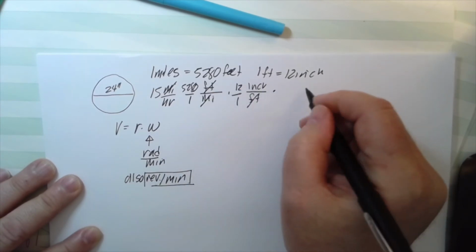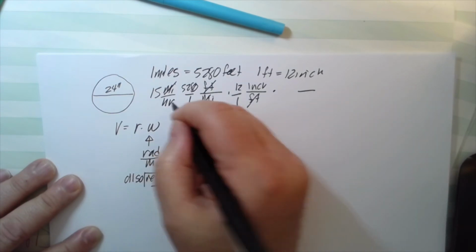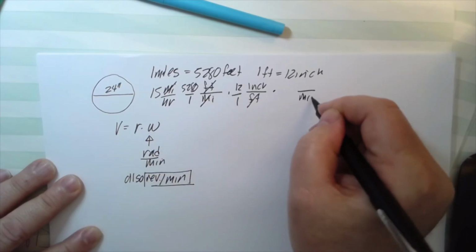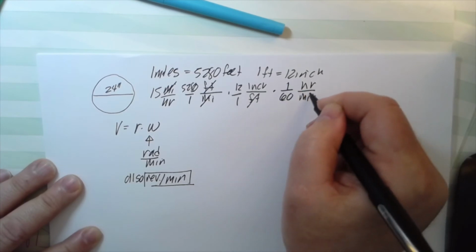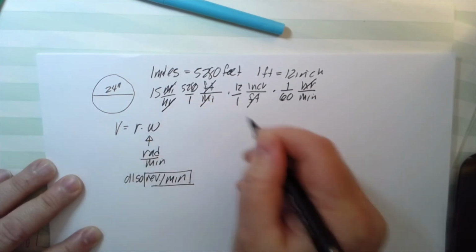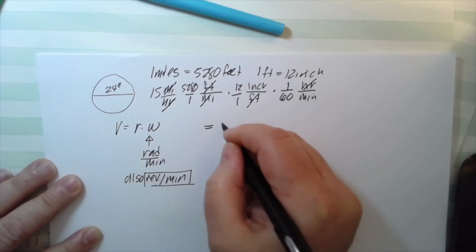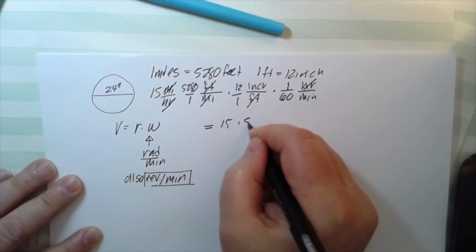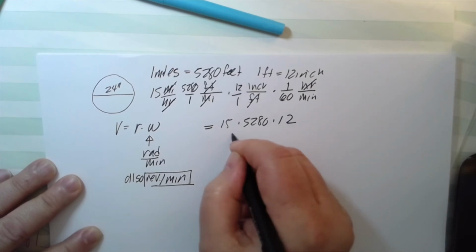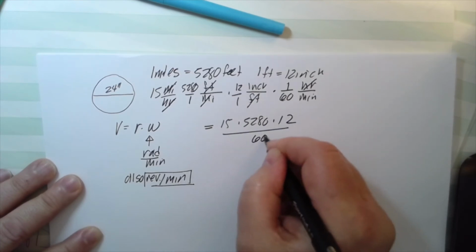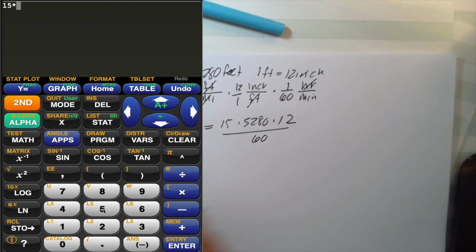Alright, so then the last one is we want to convert this into minutes. So we want minutes here and hours there. So for every 1 hour there's 60. So notice that the hours divide out. So we are left with 15 times 5280 times 12 divided by 60.